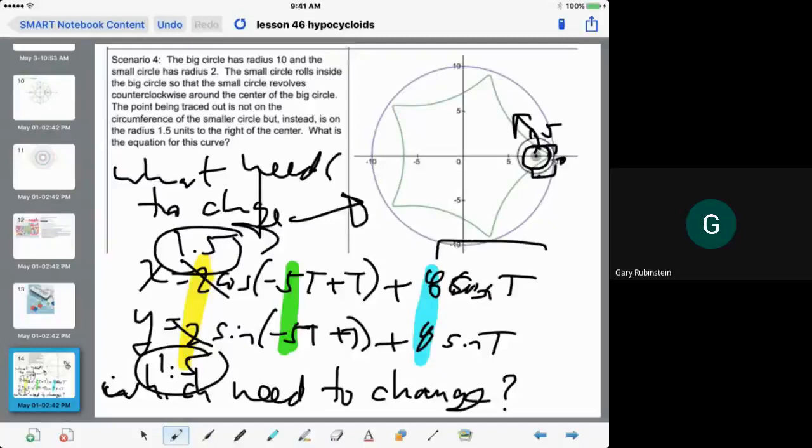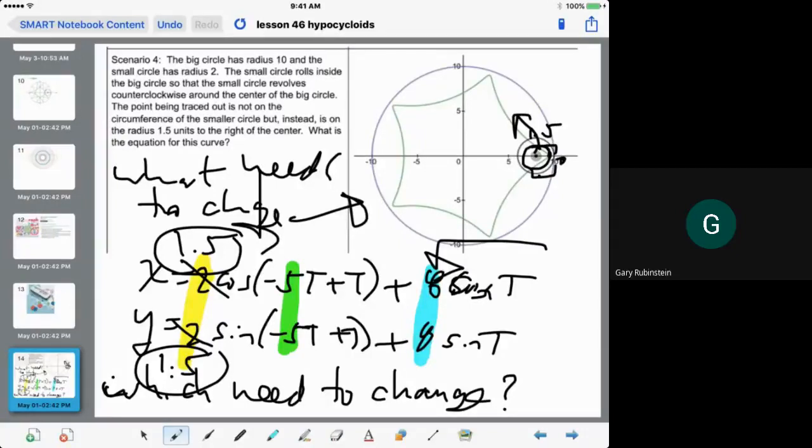How about the 8? Does the 8 need to change? Anyone have any opinions about whether or not the 8 needs to be changed to something. Well, if it really was a smaller circle, then it wouldn't be touching the bigger circle anymore, but it's actually not a smaller circle, but it's like there's a small circle on the bigger circle.